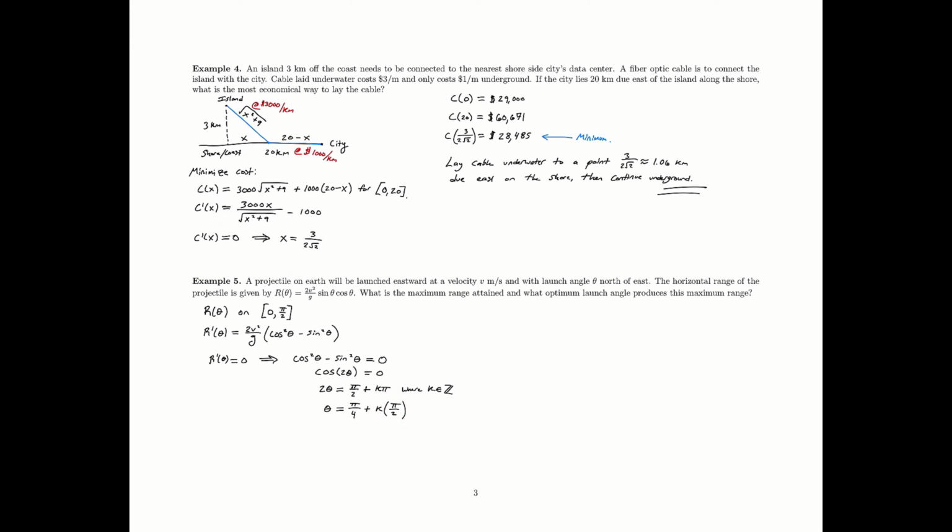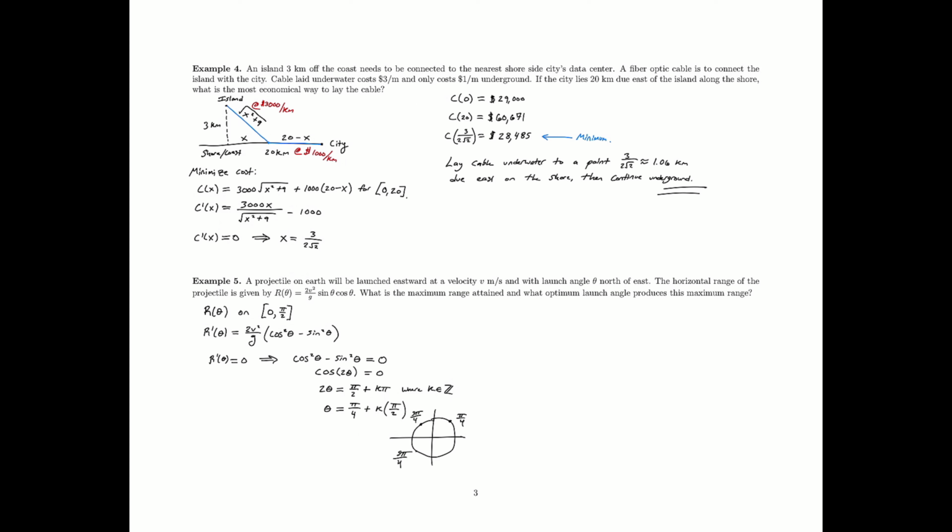So if you think about it on our unit circle here, when k is 0, that's right here at pi over 4. But if k is equal to 1, we add pi over 2, that would put us over here at 3 pi over 4. When k is 2, that would put us over here at 5 pi over 4.